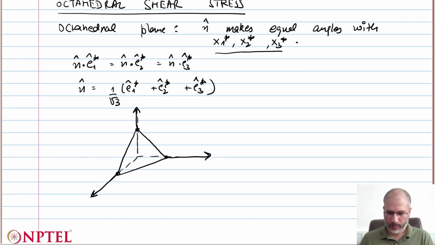So if I symmetrically place points A, B and C on the principal directions in the principal coordinate system, then the normal to this surface that we have of this symmetric tetrahedron is going to be the normal to the octahedral plane. So this plane, the shaded plane here, is indeed the octahedral plane.